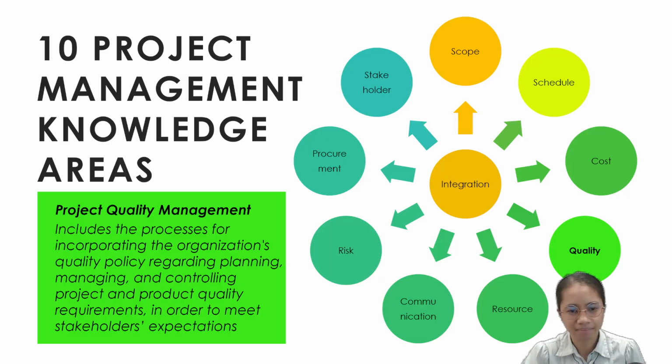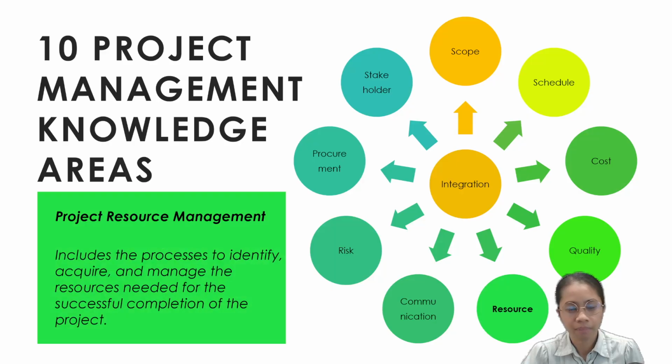Next, resource. As mentioned, resource is common in 3. If you want to remember, this is in 3M. So we have the materials, the manpower, and the machines, also known as the tools and equipment.